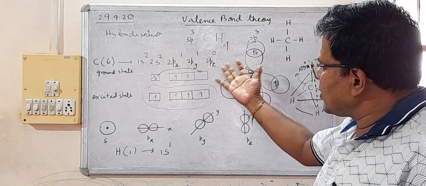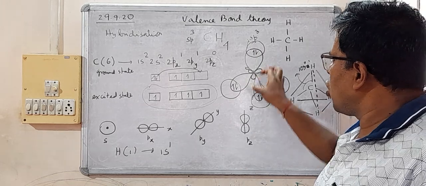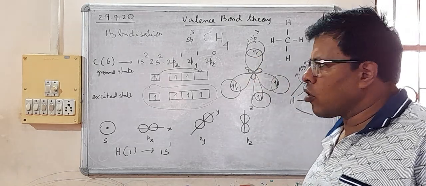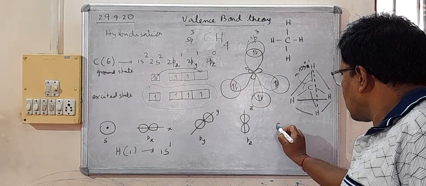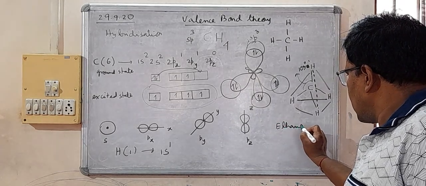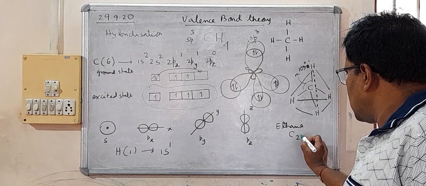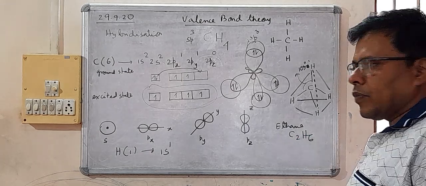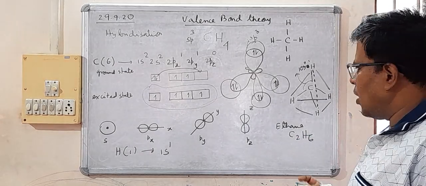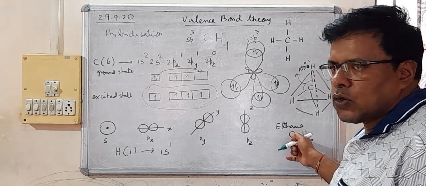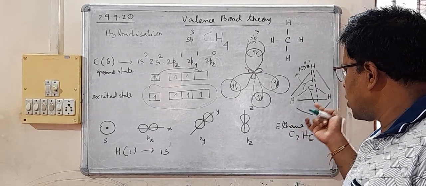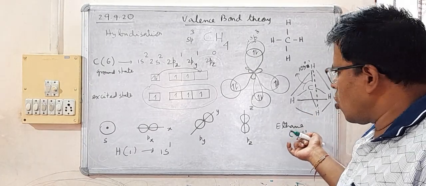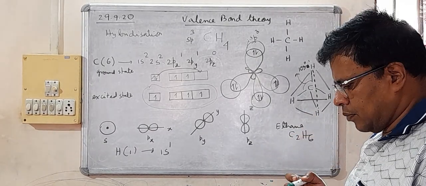Now, in the same way, you can draw the orbital diagram for, say, ethane. Ethane is C2H6, and you know, in ethane also the carbon atom is sp3 hybridized. You try to make the orbital diagram of ethane.